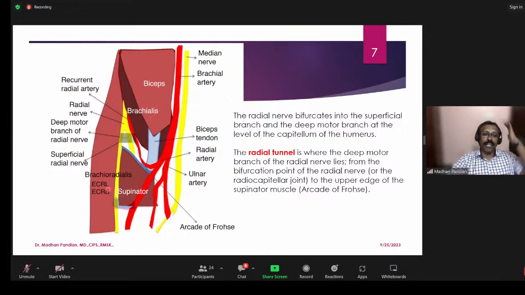Laterally, the brachioradialis, the ECRB and the ECRL. Distally, you have the supinator, and proximally, the radiocapitellar joint. This is the region called the radial tunnel. At the level of exit from the supinator, this deep motor branch is called the posterior interosseous nerve.